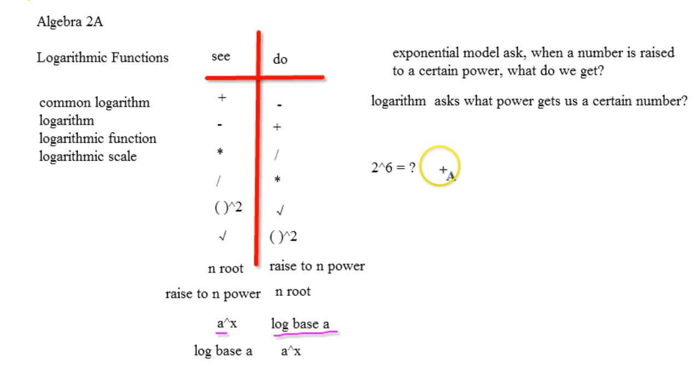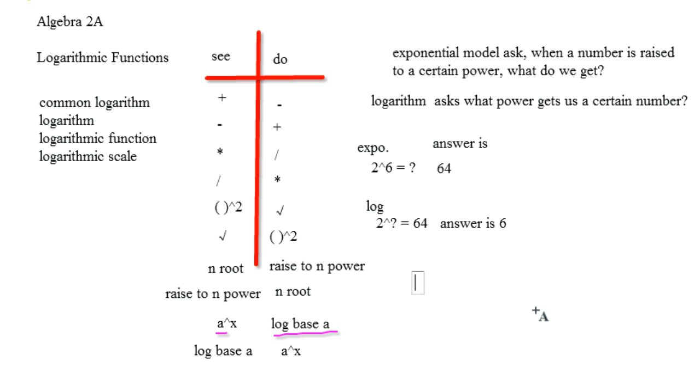Oh, that equals, let me see, 2, 4, 8, 16, 32, 64. So that should be 64 as an answer. But now it asks, instead, 2 to what power equals 64? And that answer is 6. Okay? Alright, so this is exponential, we'll call it expo, and this one's log. Okay? Alright, so it's just the reverse of what we're talking about.